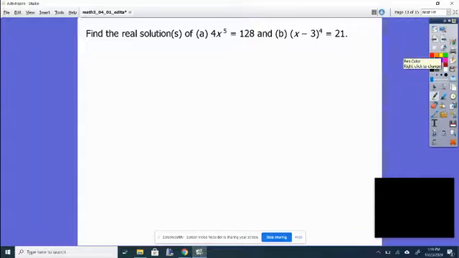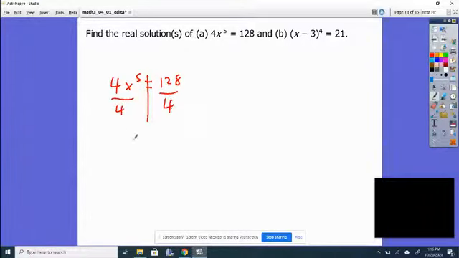Okay, last thing we need to look at is the real solutions of solving some of these. Not as bad as it sounds, but what we want to do is just do it the way we would do any problem from back in the 5th, 6th grade. Divide by 4, divide by 4.